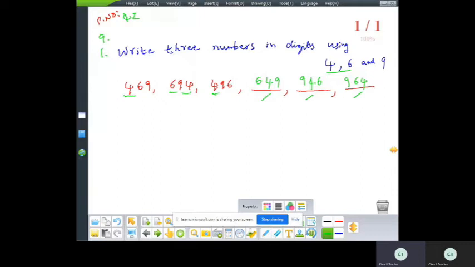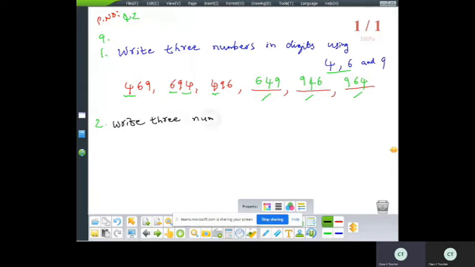Now question number 2. Write the 3 numbers that have 5 in the hundred place.